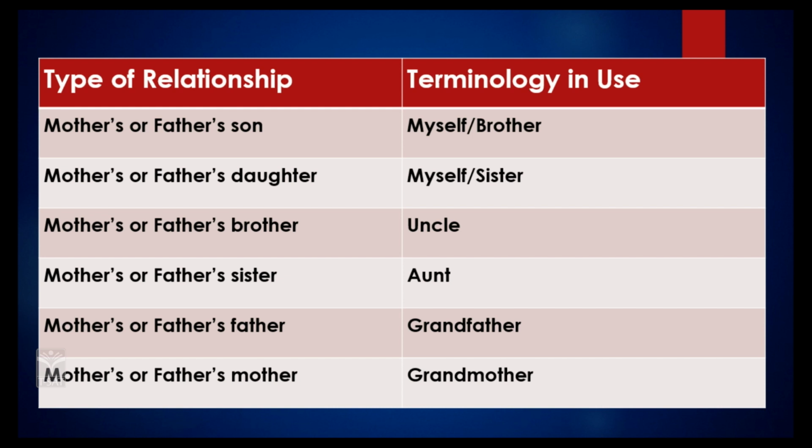The brother of our mother will be considered an uncle, and the brother of our father is also considered an uncle, though in general usage we call it small father. But the correct terminology is uncle only. The sister of our mother is generally called small mother, but we call her aunt, and the sister of our father is also considered an aunt.